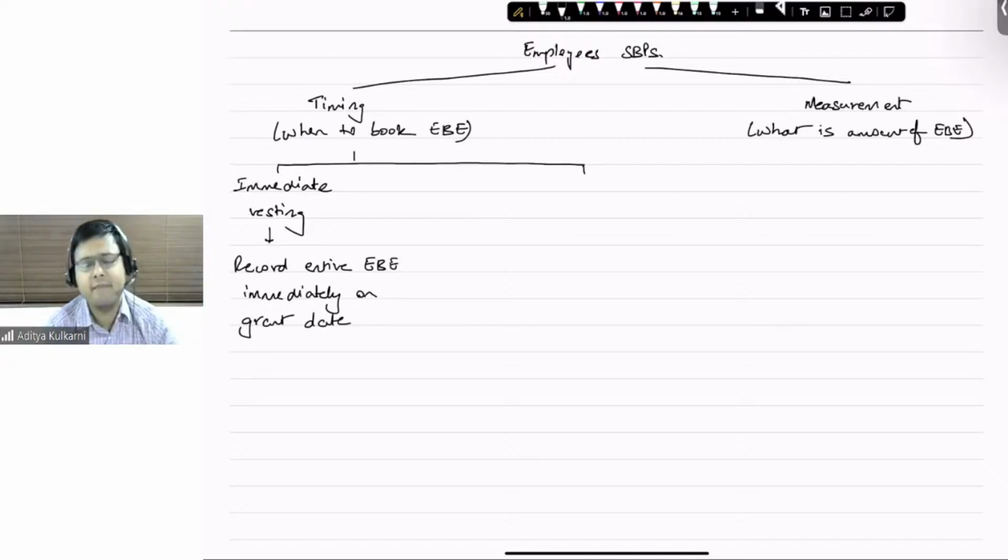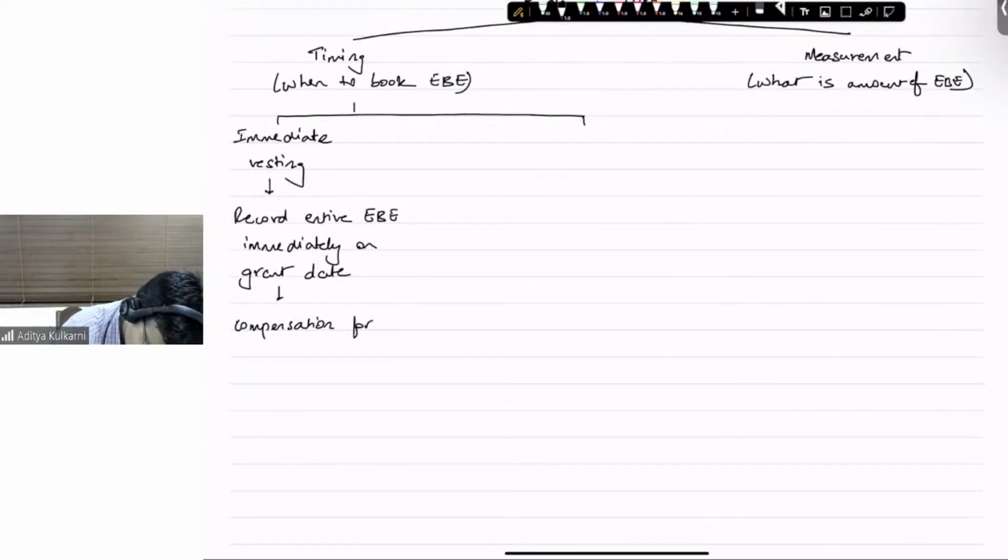Why immediately? Well, they have vested. The moment your plan is announced, the options have vested in you. So essentially this is like a compensation for past service. So immediate vesting, this is what happens.